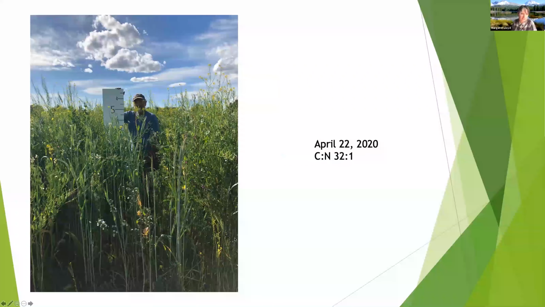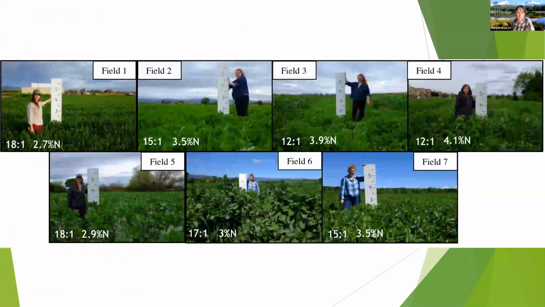For contrast, here you can see a very mature cover crop. It has a lot more biomass, but you can see the seed heads and the flowers, and that cover crop is measuring 32:1. And here's the tissue content of those same fields.